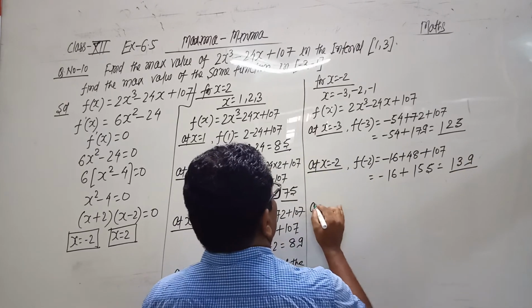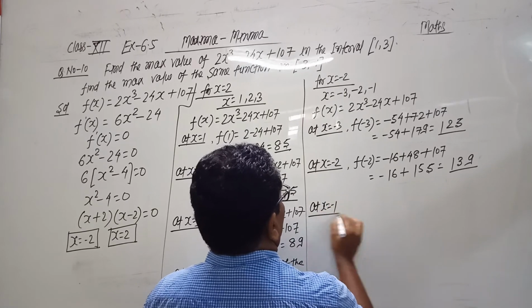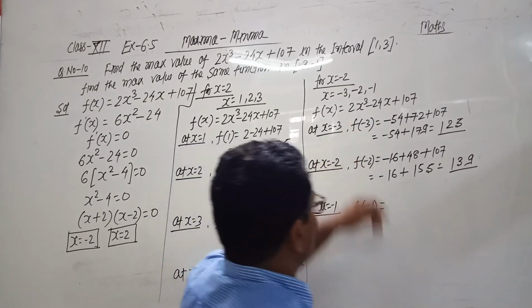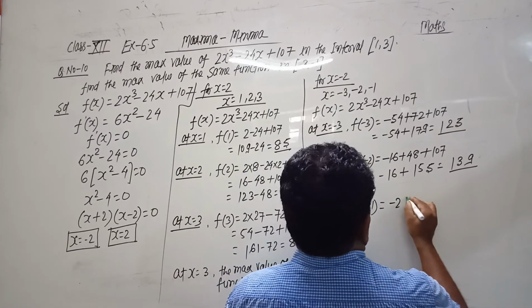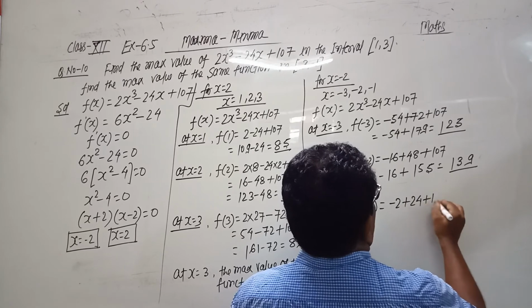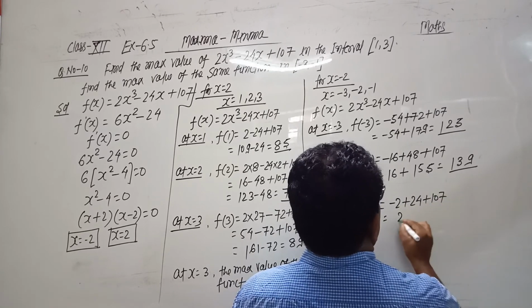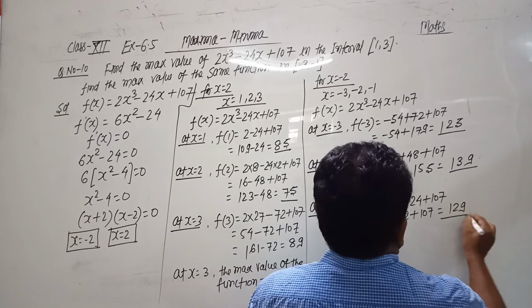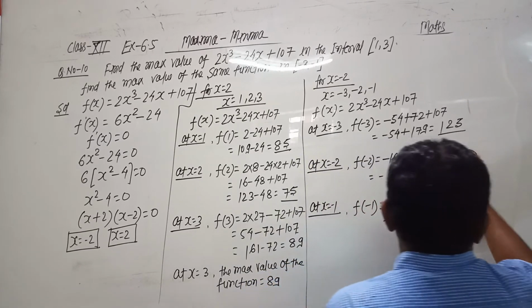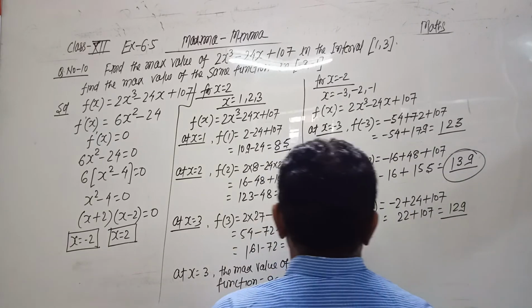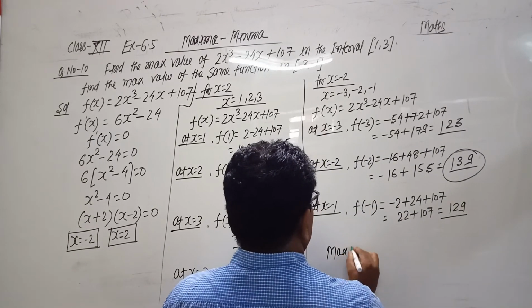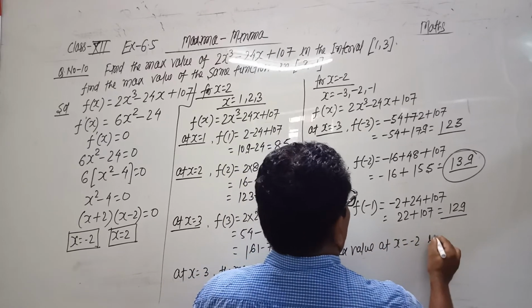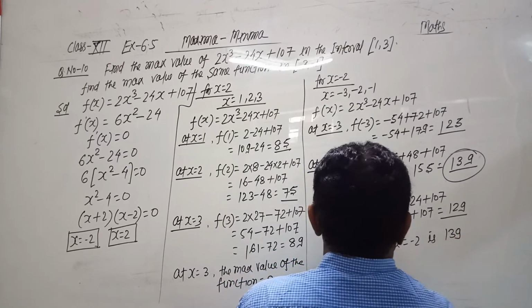At x equals minus 1, f(minus 1) is minus 2 plus 24 plus 107, so this is 22 plus 107, which is 129. So the maximum value obtained is 139, at x equals minus 2.